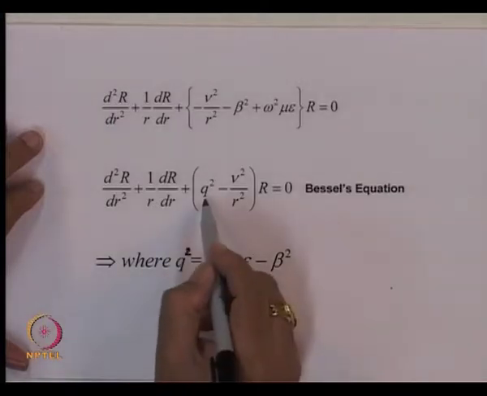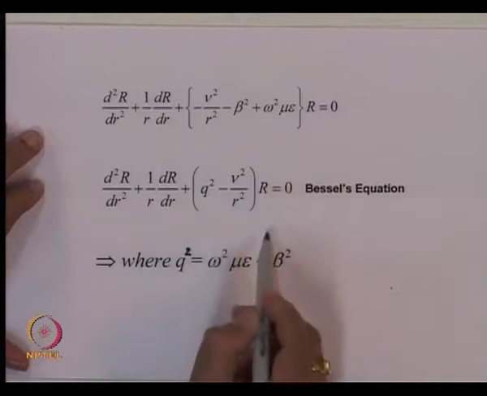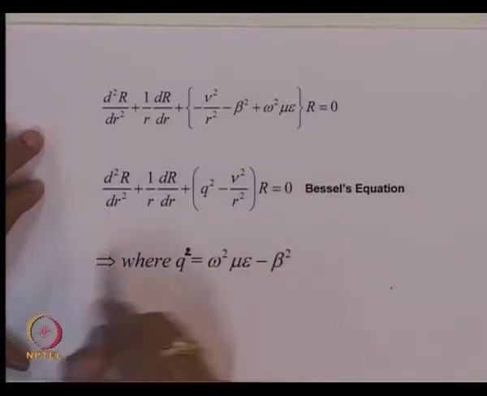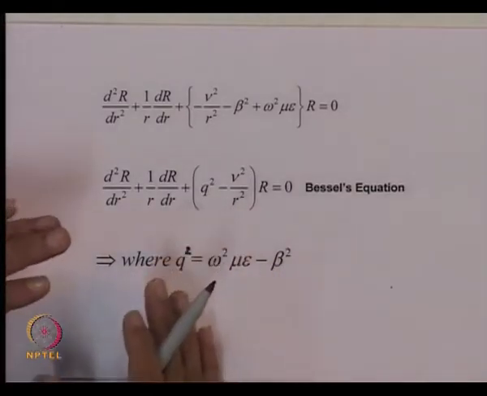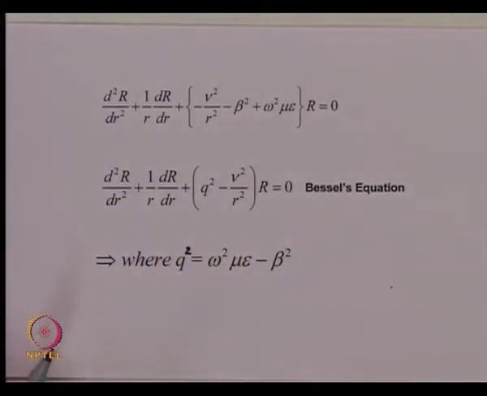I can substitute for q inside this, and then I get this equation which can be solved, which is the Bessel's equation, and the solutions to this equation are what are called the Bessel functions. So what we find now is that the radial variation of the electric and magnetic field distribution is given by the Bessel functions.